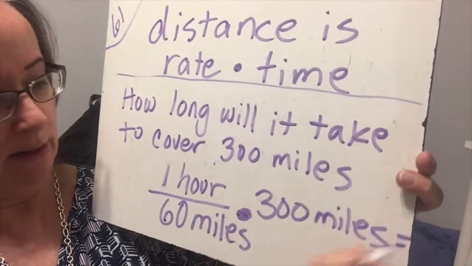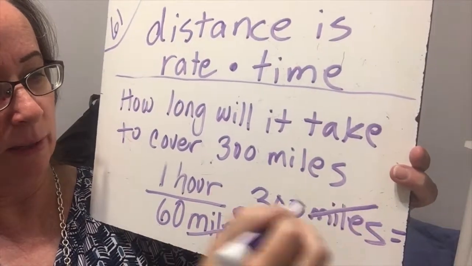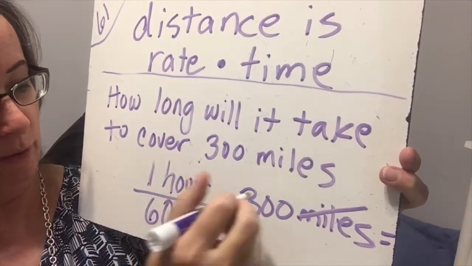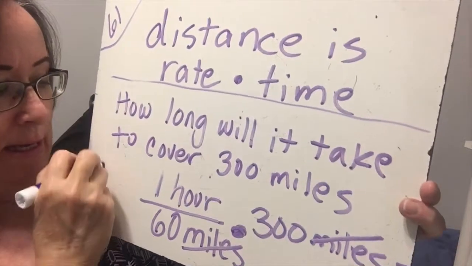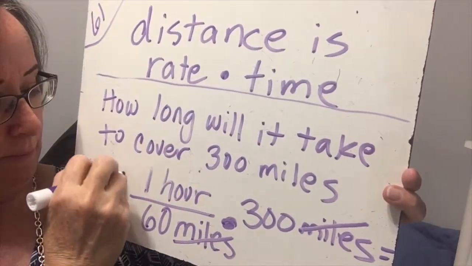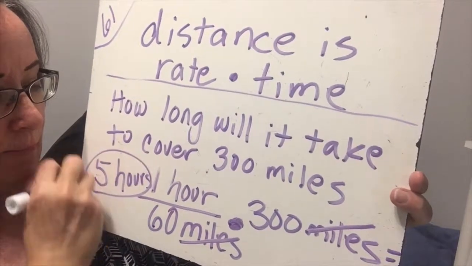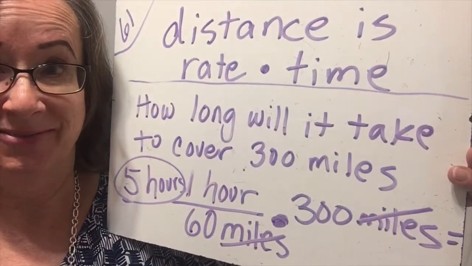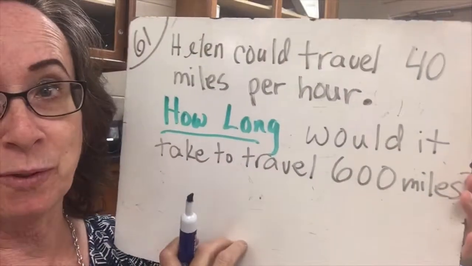And then our miles will cancel our miles. And we're left with 300 divided by 60 is 5 hours. Pretty cool, huh?